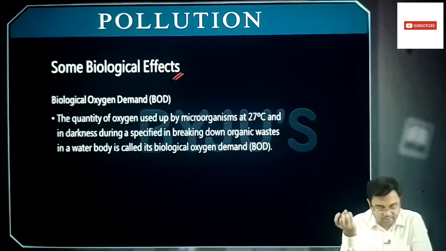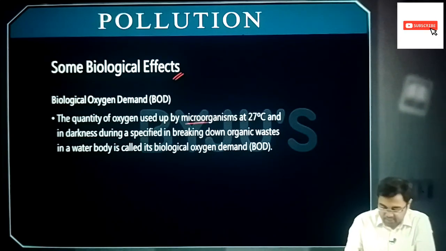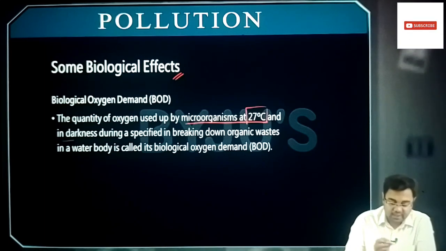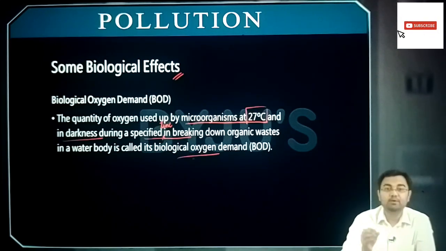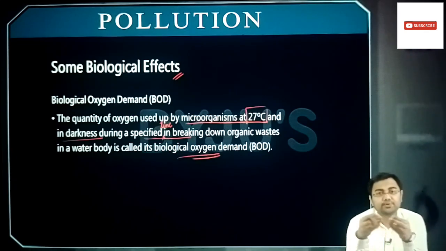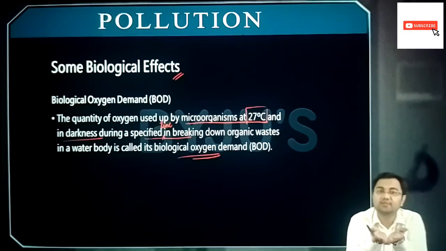So what is biological oxygen demand? The quantity of oxygen used up by microorganisms at room temperature and in darkness during a specified time in breaking down organic waste in a water body is called biological oxygen demand. So what happens is, there are many organic compounds or wastes present in the water body.